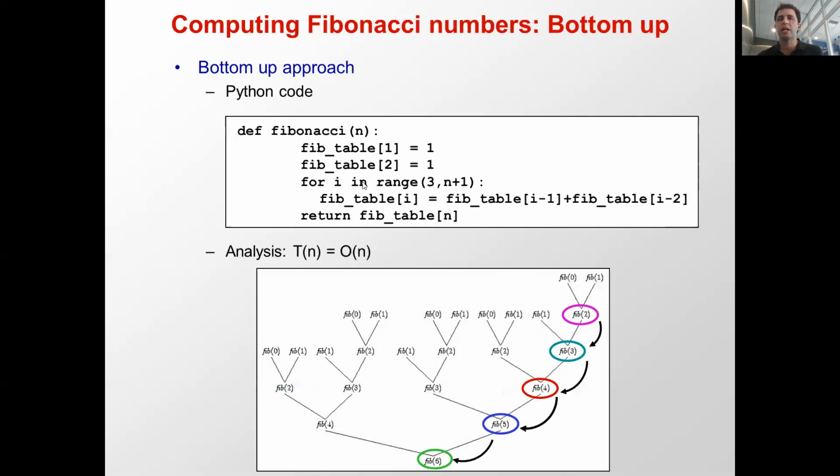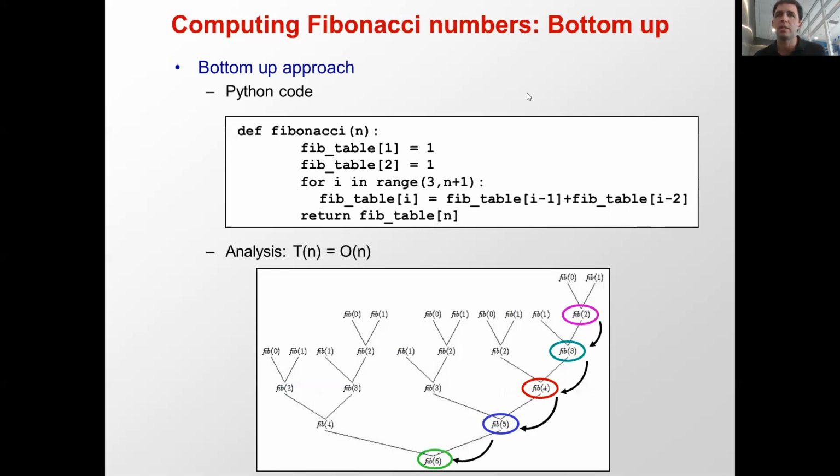And the beauty of this is that every single time I'm filling up one entry, I have already computed the previous two entries. So instead of starting from Fibonacci of 6 and then expanding this very large tree, I actually start from Fibonacci of 0 and 1 and then fill out only one line of that tree, which results in a linear time algorithm.